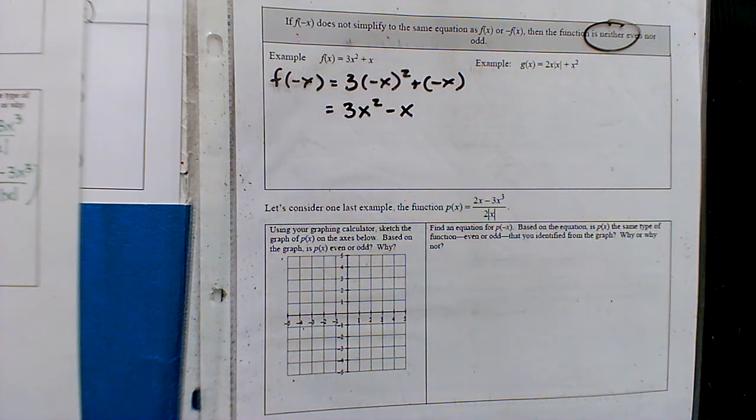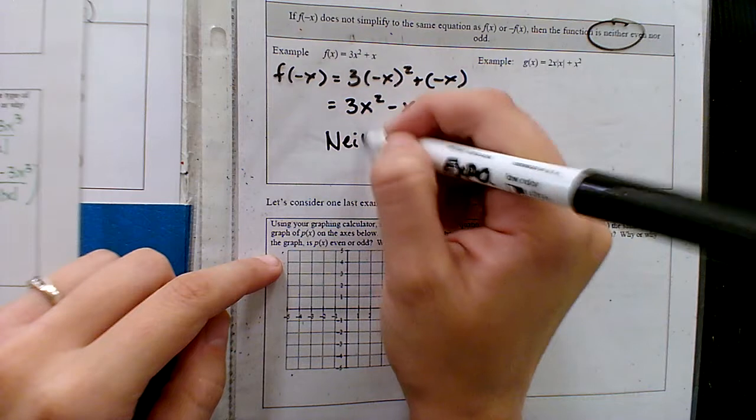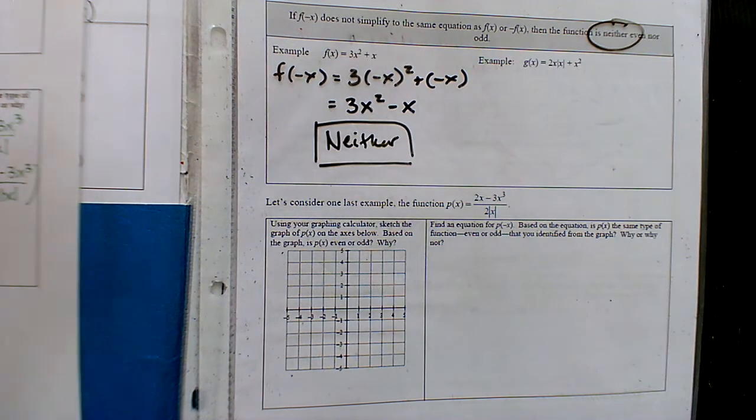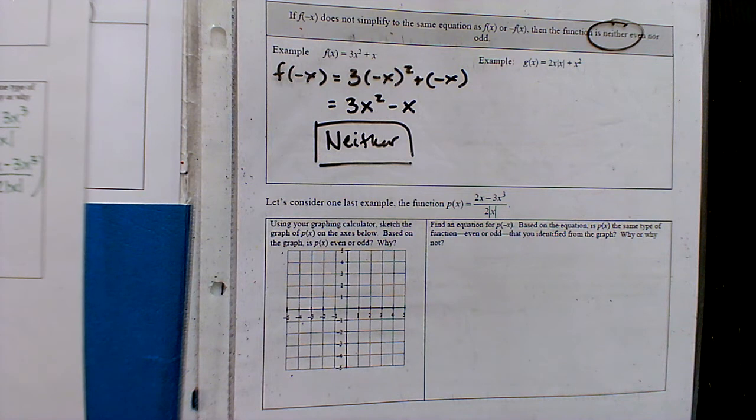Is it the same as the original? No. Is everything opposite of the original? No. So in this case, we'll write neither. It does not have y-axis symmetry, and it does not have origin symmetry. We'd have to test the other two types, but at least for now we know it's neither of those options.